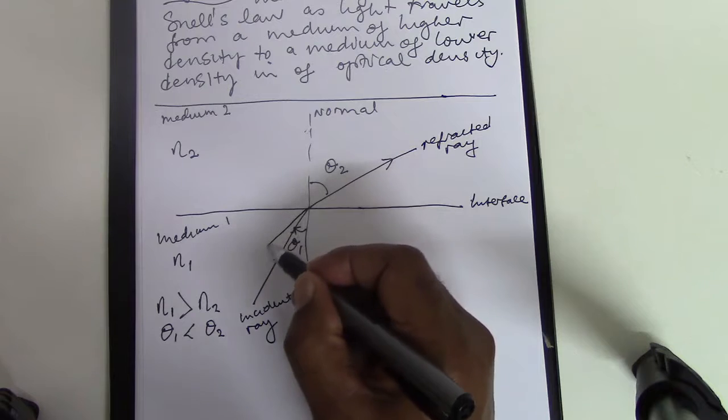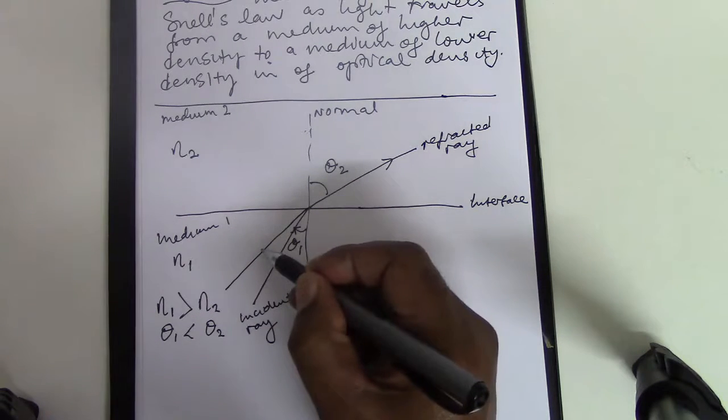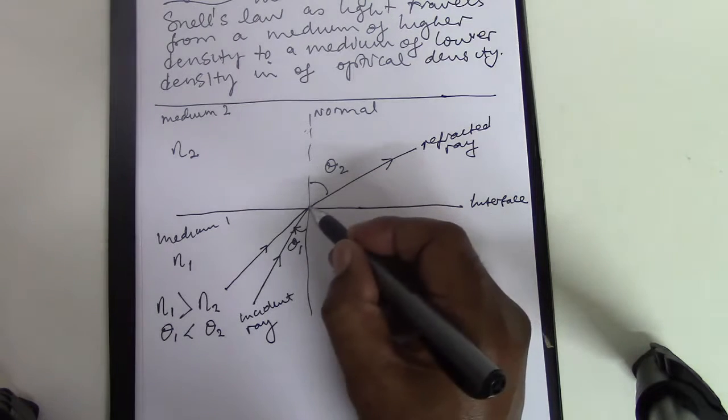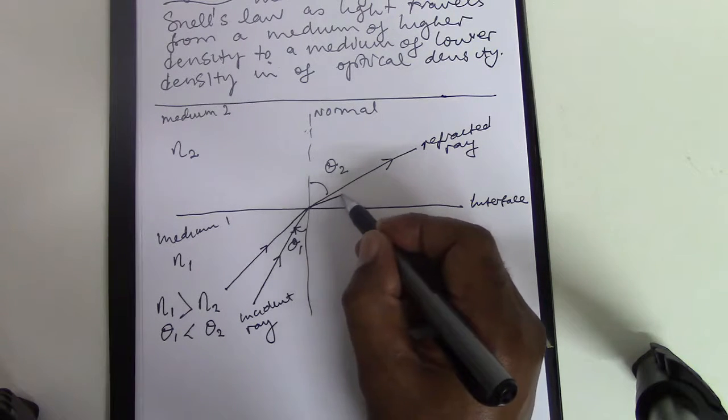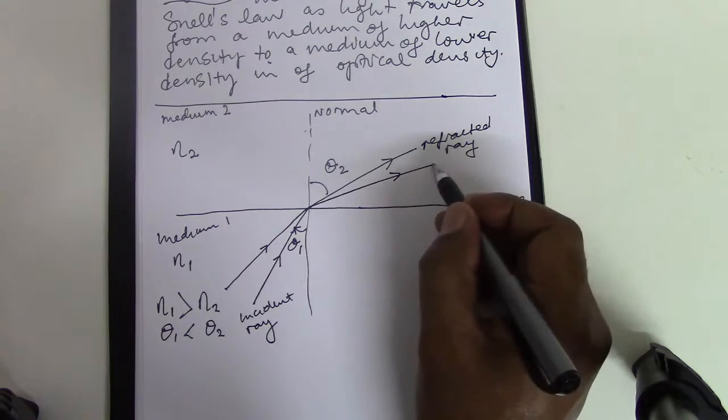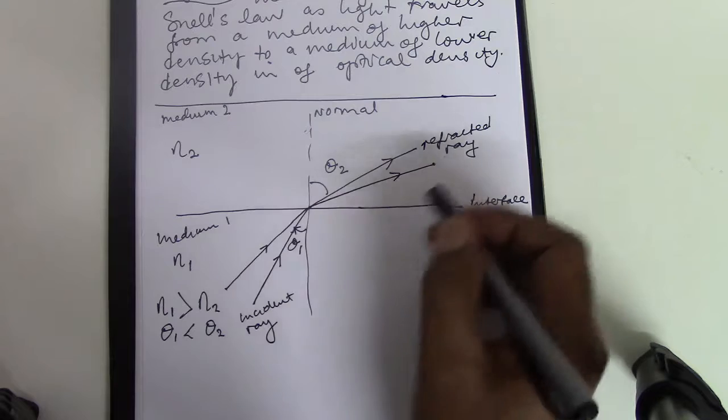Suppose the incident ray is at this position, then we would find that the angle of refraction also increases, because it would take this position.